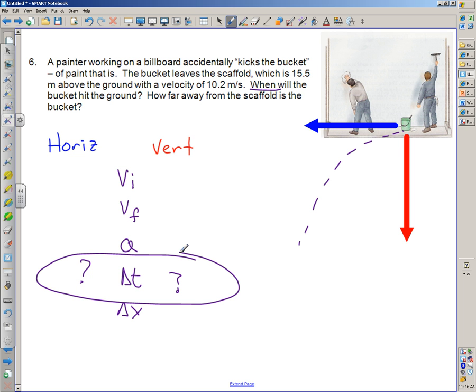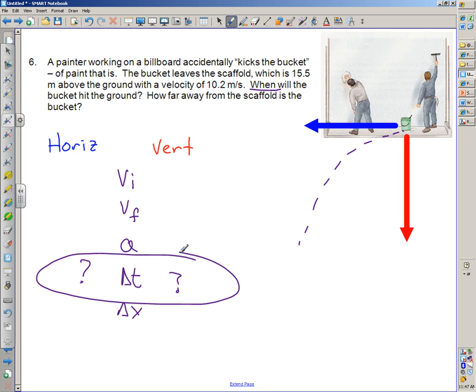It's the only row that has to be the same. All the other ones might be, but that's more of a coincidence than anything. These two times have to be the same horizontal and vertical because they're occurring at the same time. So if we solve for time in one column, we automatically solve for time in the other column. Good there? Okay. All right.